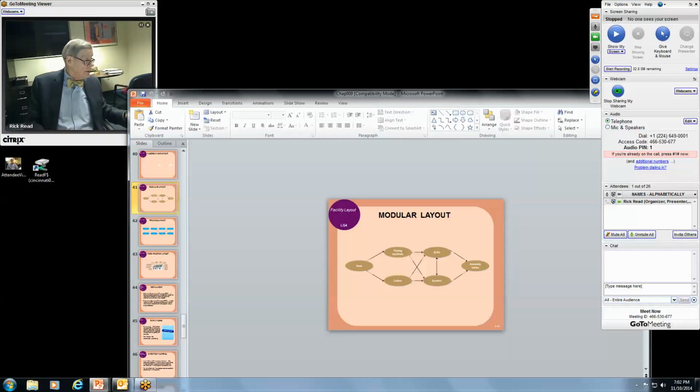The modular layout can handle changes in design or customer demand. And the fixed position would be a house. The idea of the fixed position is that different people can work on different parts of the production at the same time.